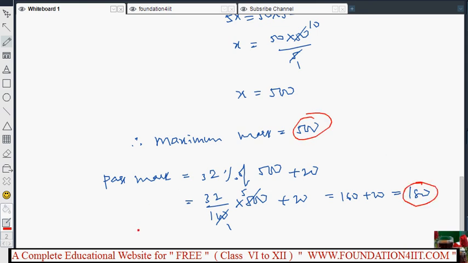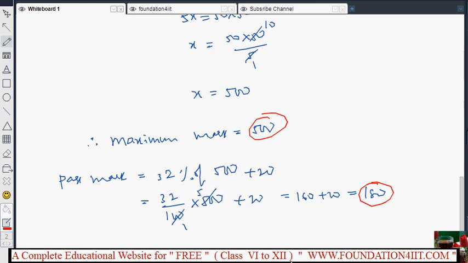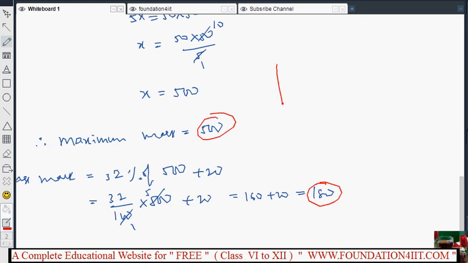Okay, therefore pass percentage. Then pass percentage is equal to pass mark by maximum mark into 100. 5 again 5 ones are 5, it is a 180 by 5, 36.